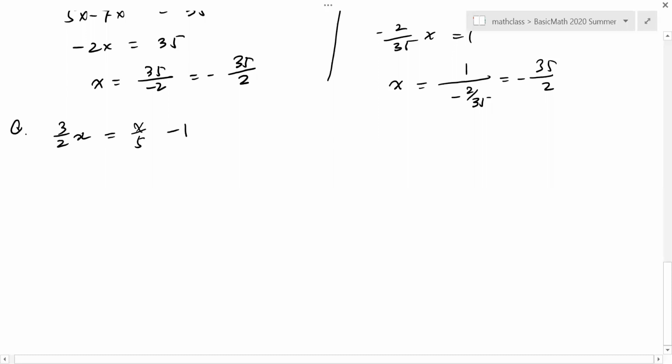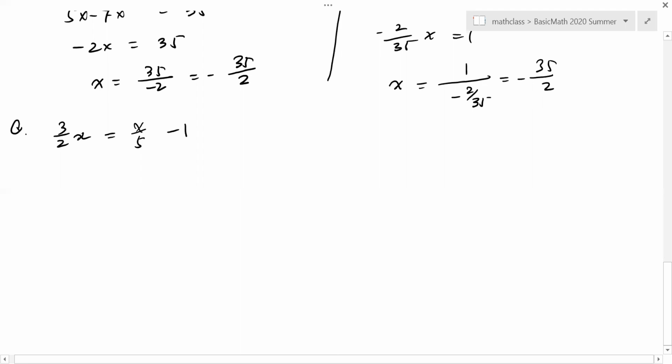Anyone have an answer? All right, I got one answer. Okay, when you look at this equation, now you can try to get rid of the denominators, right?